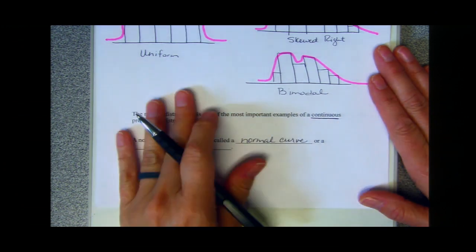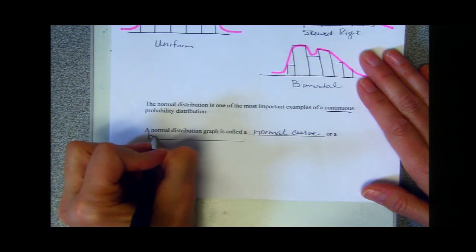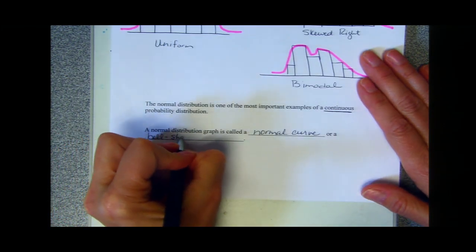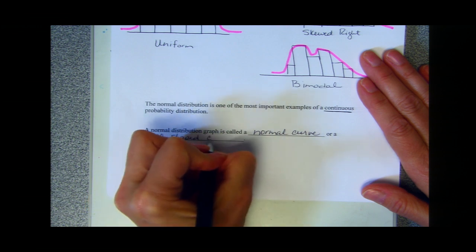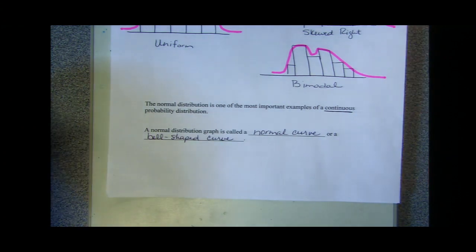What does this shape kind of look like? They call it a bell-shaped curve. Now, there are some specific characteristics that go with a normal probability distribution, and that's what we're going to look at next.